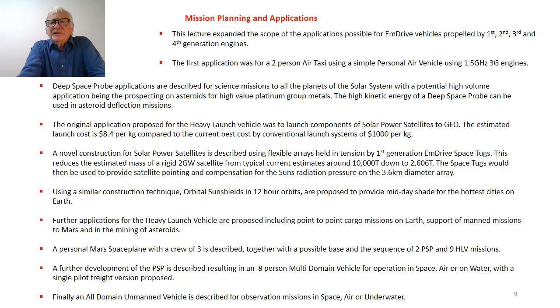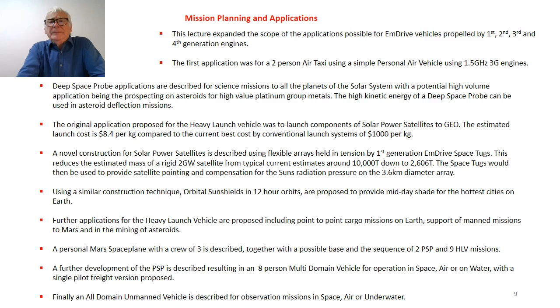And the space tugs are then available to provide satellite pointing and also compensation for the sun's radiation pressure on what turns out to be a 3.6 kilometer diameter array.